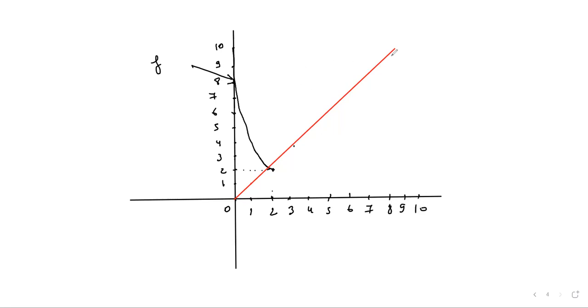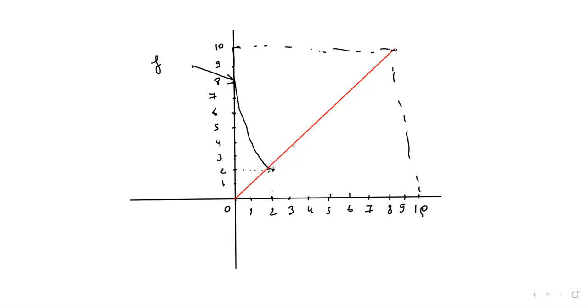Well, normally this point should be here, and this one should be here. My graduation is so bad, but you got the idea, because it's very hard to draw with the graphic tablet. Right, so this is my graph.